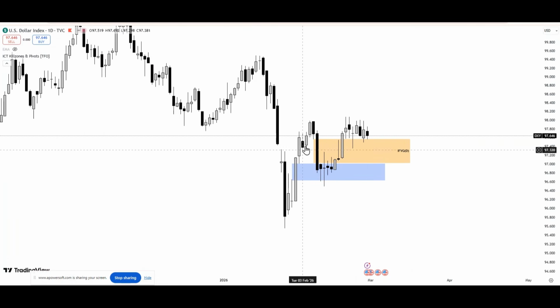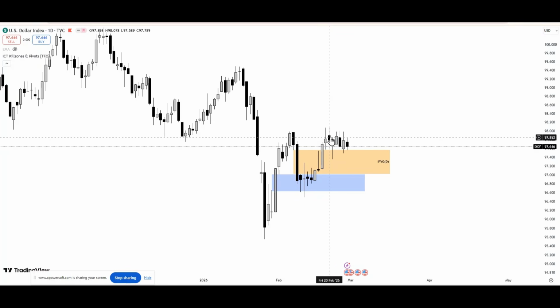You can see we had this first move, which is a retracement to the weekly fair value gap. But then from there, price retraced to this fair value gap, got support, and inverted this bearish fair value gap, making it an inversion fair value gap. And so far, we are stuck here. Whatever happens on the higher time frame, you'll always see the order flow showing on the lower time frame.